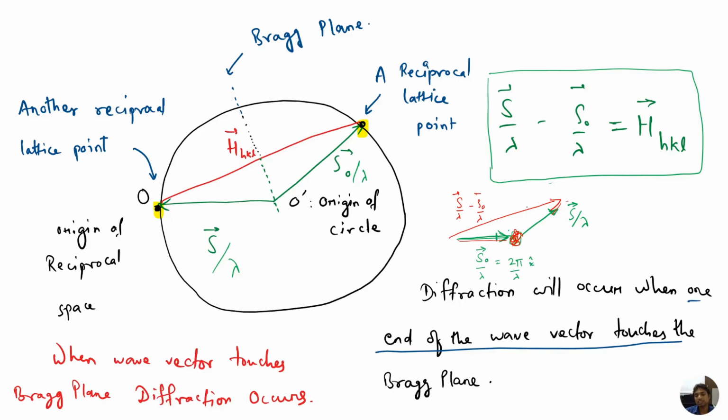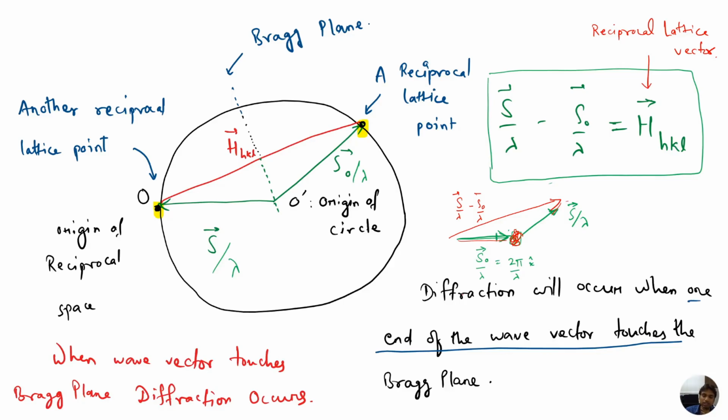When this coincides with one of the HKL, this is a valid reciprocal lattice vector. So when it is a valid reciprocal lattice vector, diffraction will occur. That's the idea.